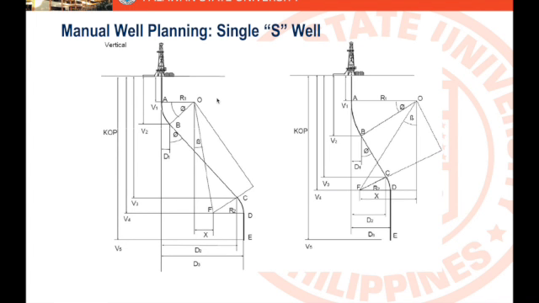So for S, you also have here that the radius of curvature of your build section is way lesser than the total horizontal departure. And the second case is the radius of curvature is greater than the horizontal departure of your well.